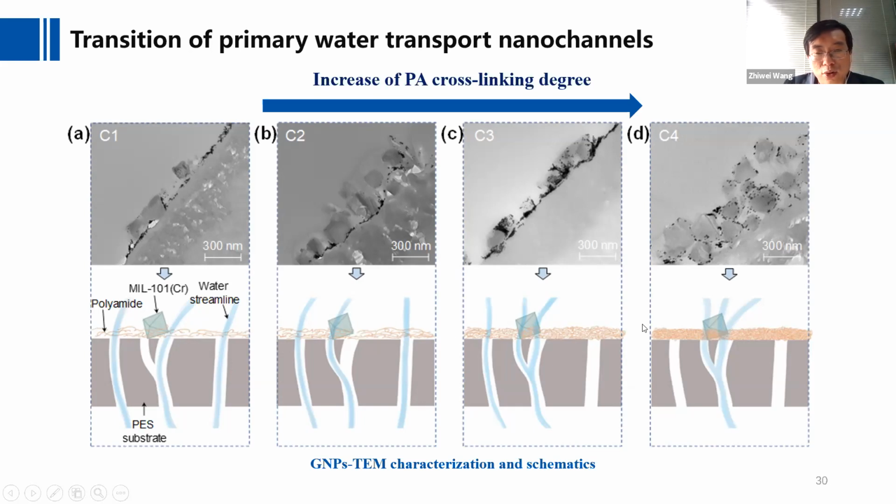However, if you further increase the cross-linking degree, then gradually you can find that the water transports only through the nanochannels that you created in the nanofiltration membrane. So through this way, we could achieve the rejection of trace organic contaminants, since we could modify the nanochannels of the artificial ones. So that's the main idea.